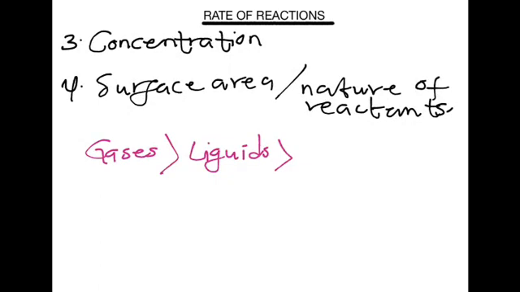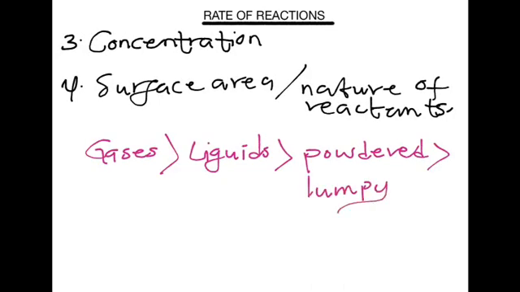When we talk about solids, we can talk about grained solid, let's call it powder solid, which definitely will be greater than lumpy solid. So basically, these are the four main factors that influence the rate of reaction.